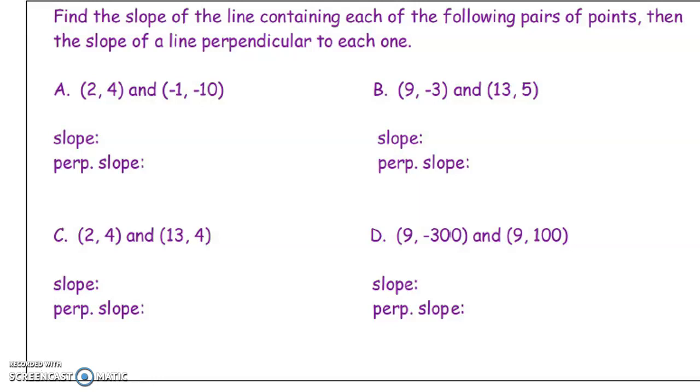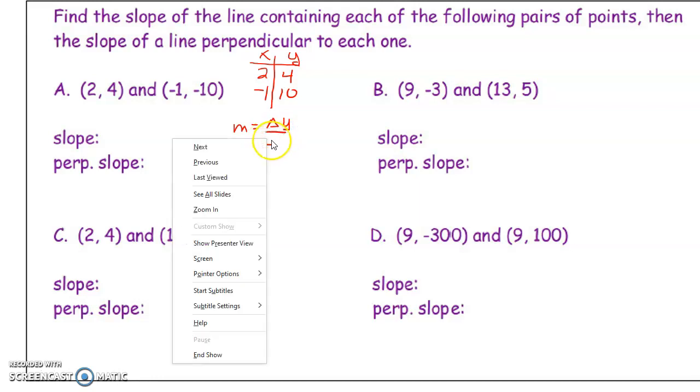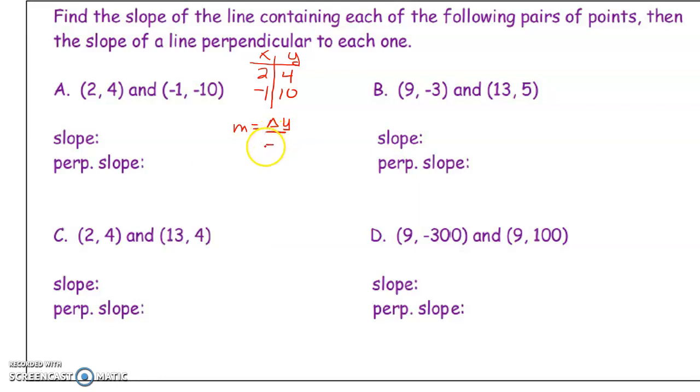Okay, if we ramp it up a little bit, here we are given 2 points. So we will have to calculate our slope. My personal preference, I like to put my points on a T-chart. So I would have 2, 4, -1, 10. And for slope, I use the change in y, that's called delta y, over the change in x, which is delta x.